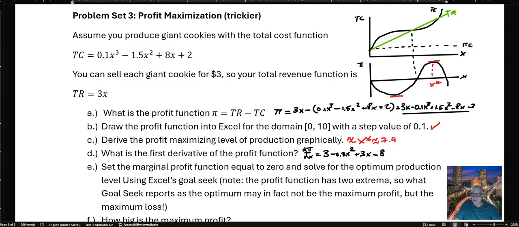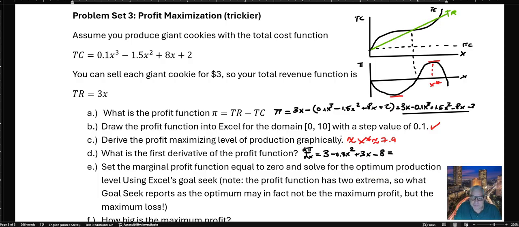We don't have to worry about the negative 2, because there's no x, so when we derive it, it just disappears, it's a constant. Now we basically have here a 3 and here minus 8.